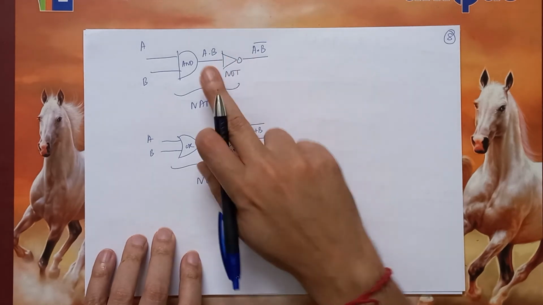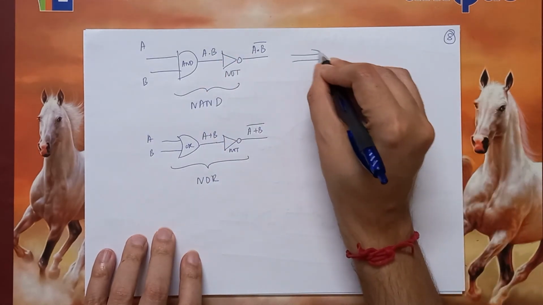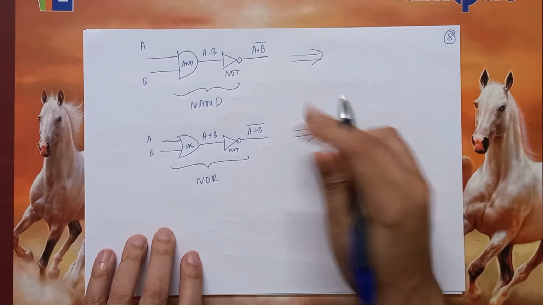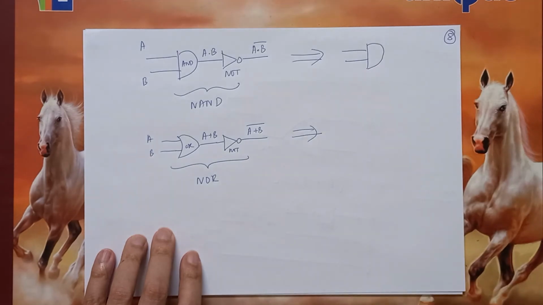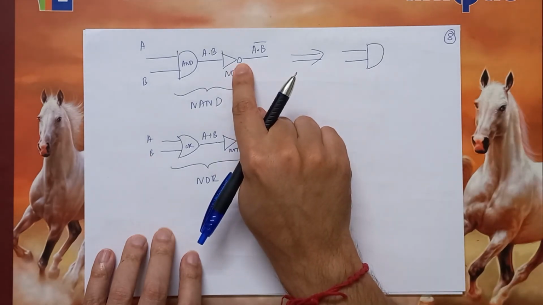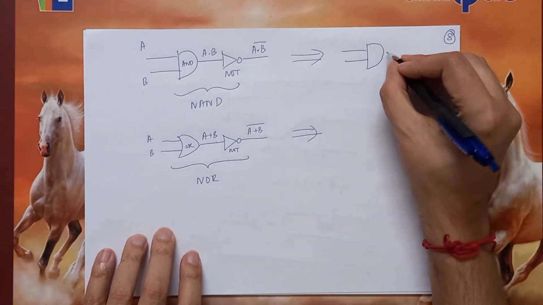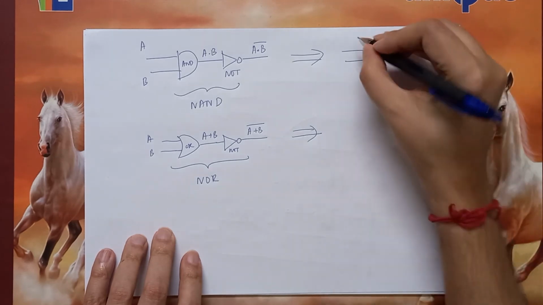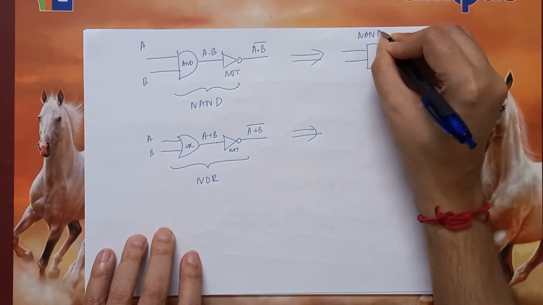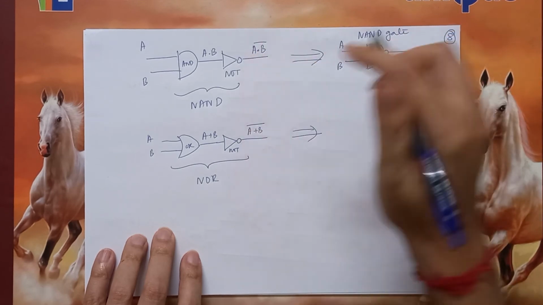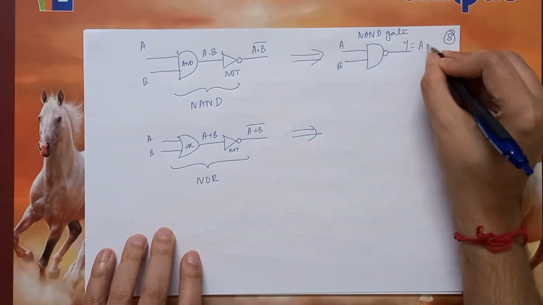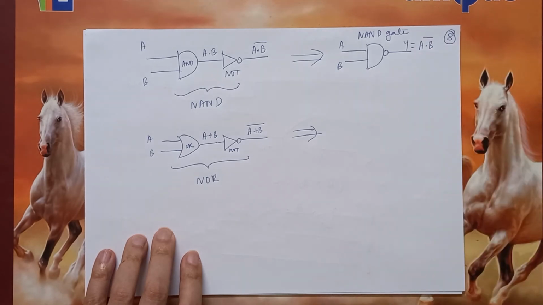Now these essentially have equivalent representations. You take the AND, which looks like this, and take the circle or the bubble from the NOT gate and put it over here. This is called a NAND gate, where the inputs are A and B, and the final output Y is A dot B, the whole bar.